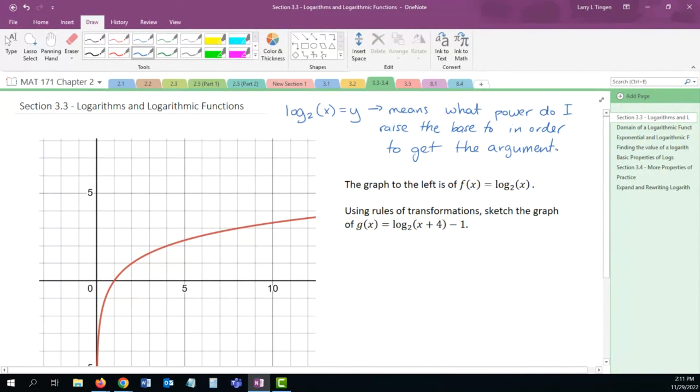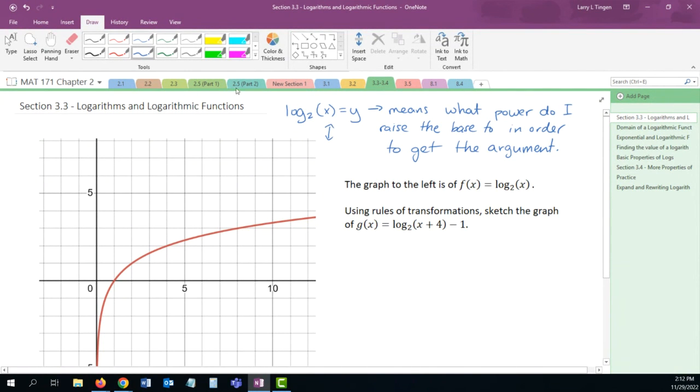Now, argument is my term. That's from my computer science days. Argument for me is what's in parentheses here. So if I'm taking log base 2 of x equal to y, the answer is what power do I raise 2 to get x, right?